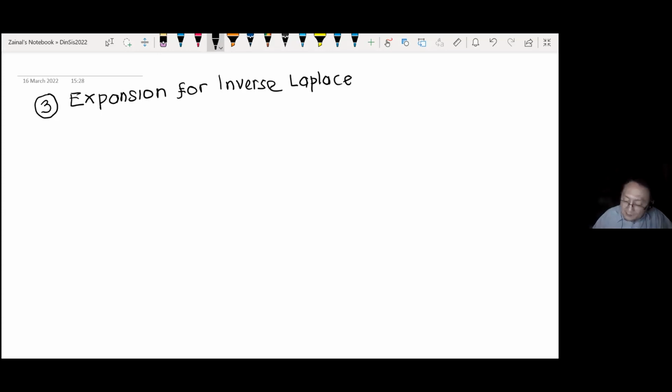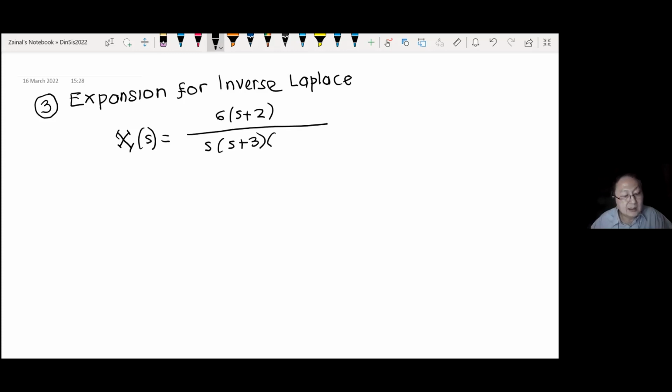Okay, for example, if you have something like this: s plus 2 over s multiplied by s plus 3 multiplied by s plus 4. Of course, you cannot find this term in the Laplace table.